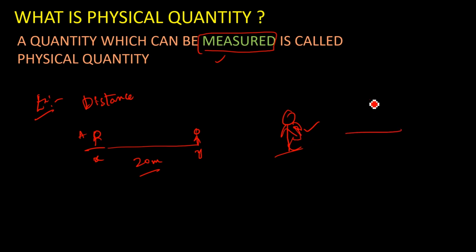You can also measure your weight with a weighing machine, 20 kg or 30 kg or 40 kg, like that. So we are able to measure, and that is known as a physical quantity. A quantity which can be measured is called a physical quantity.